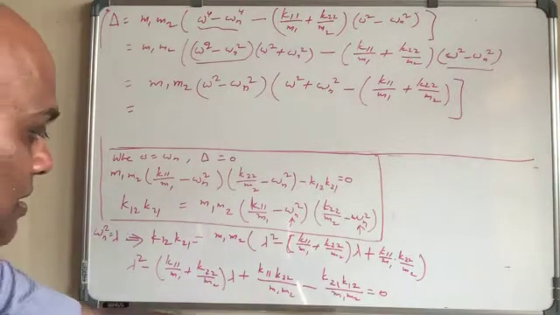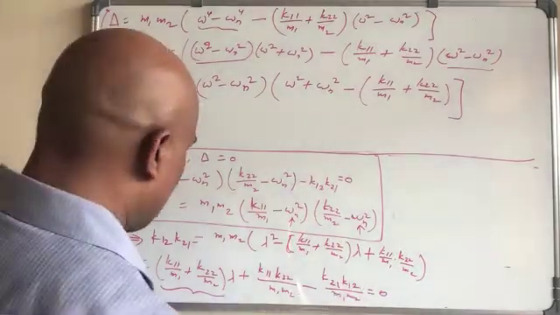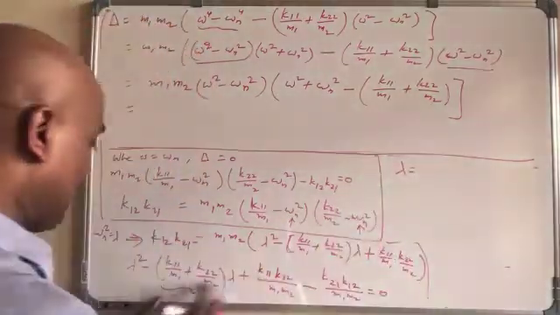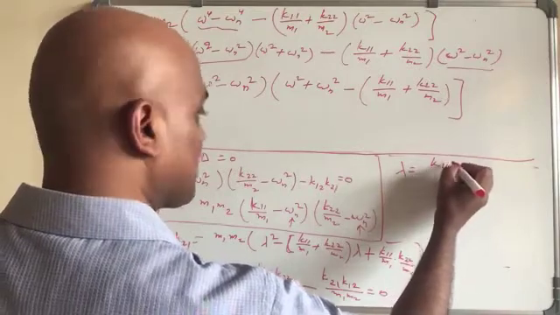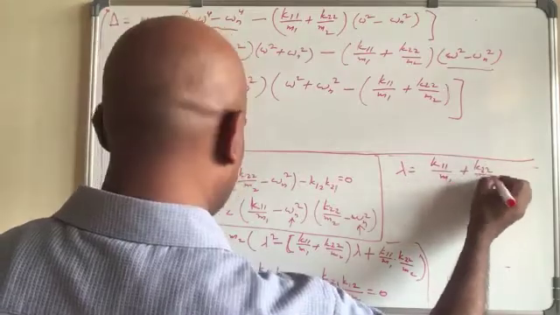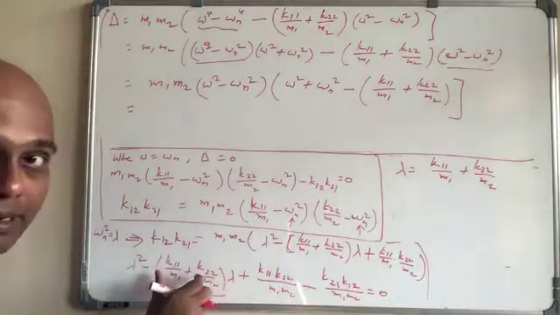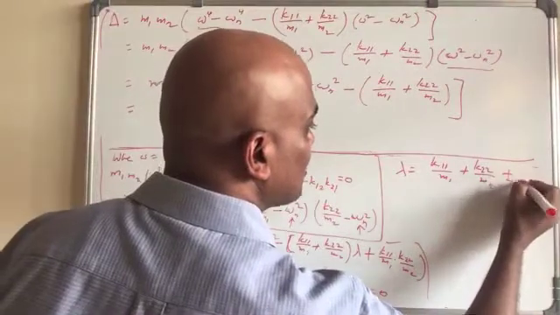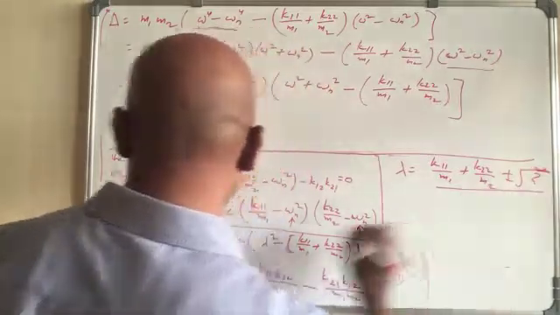So this is a quadratic equation, and this is the b term, right? Now lambda will be equal to minus b, so this will be k11 over m1 plus k22 over m2, then plus or minus the root of something, over 2.